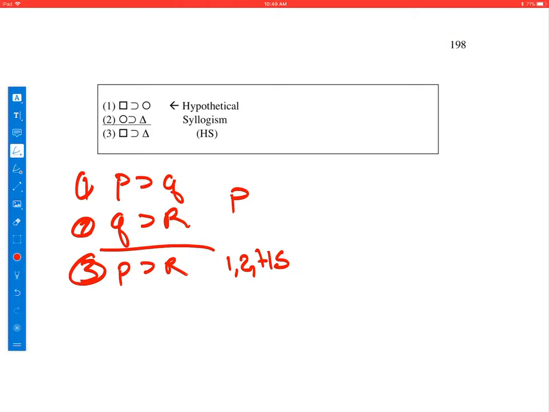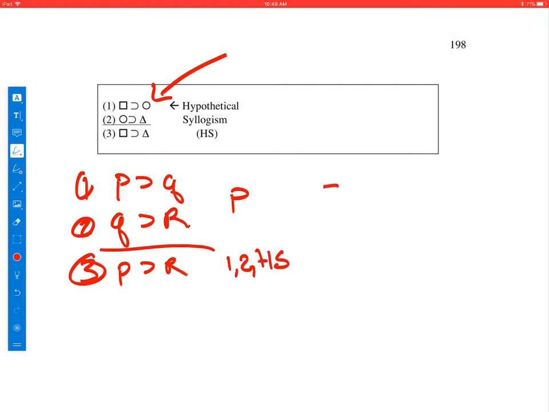hypothetical syllogism. Remember, the shapes are variables. So long as anything fits into or is a substitution instance of 1 and 2, you may deduce the corresponding substitution instance of 3.